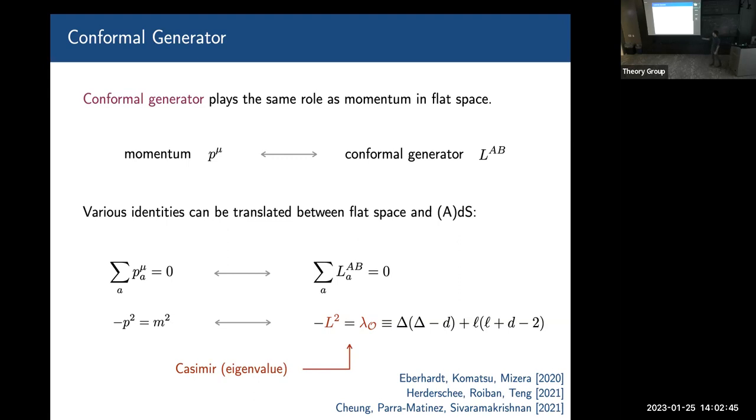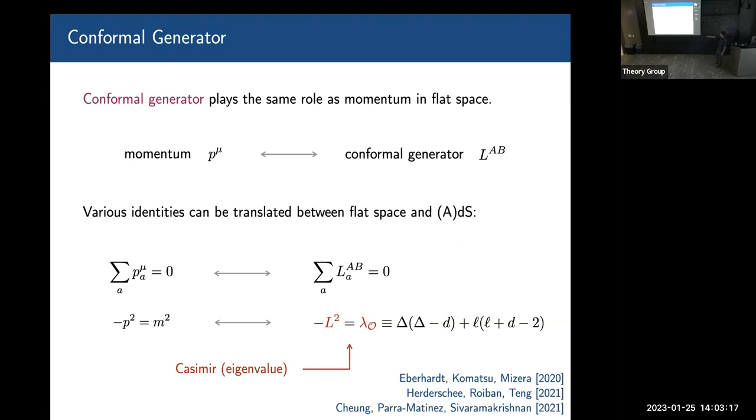For instance, you can easily translate this momentum conservation condition for amplitudes into embedding space, which now becomes the conformal Ward identity for a correlation function. So basically, the sum over the conformal generators acting on some correlator has to vanish as a consequence of conformal symmetry. There's also the analog of the mass shell condition for amplitudes. The analog in this case is the Casimir eigenvalue condition.